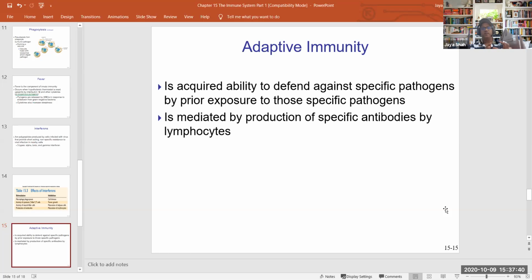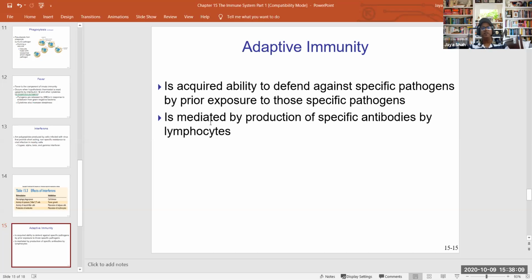Once immune cells in the body or in your blood start acting, that's the time adaptive immunity starts. But that is still part of non-specific immunity. When B and T cells start their job, then adaptive immunity starts, okay?